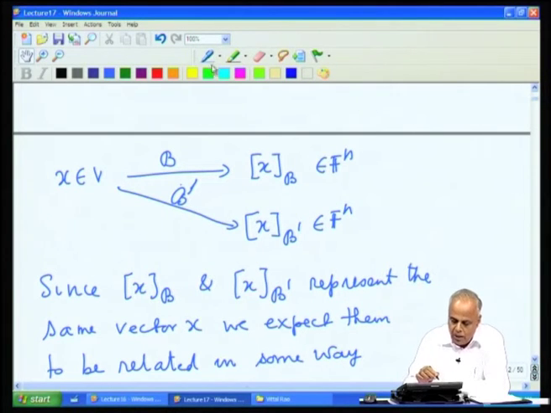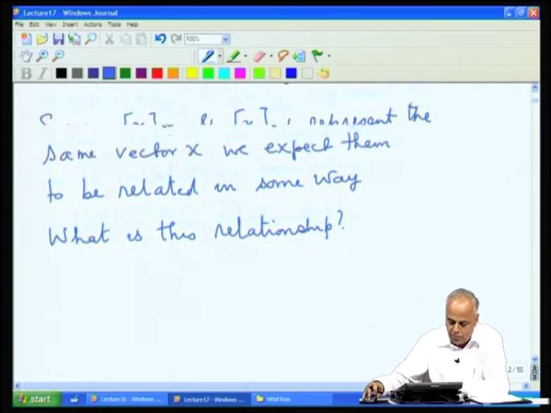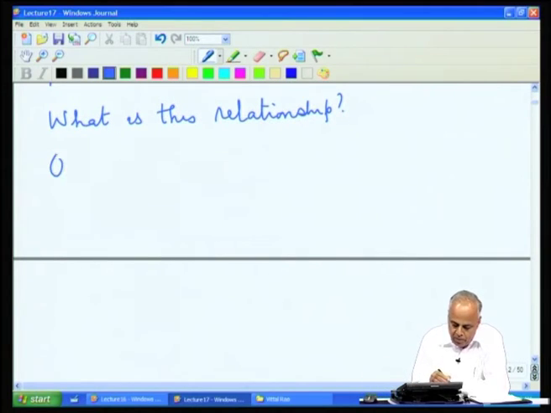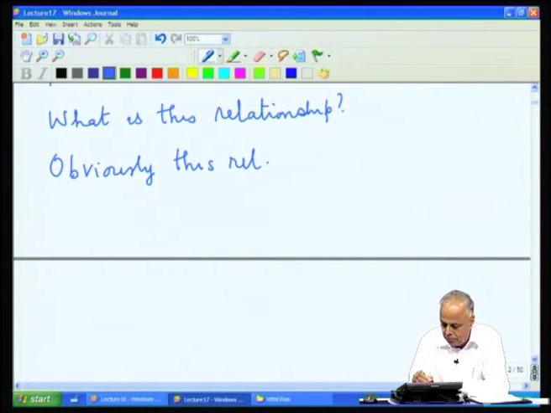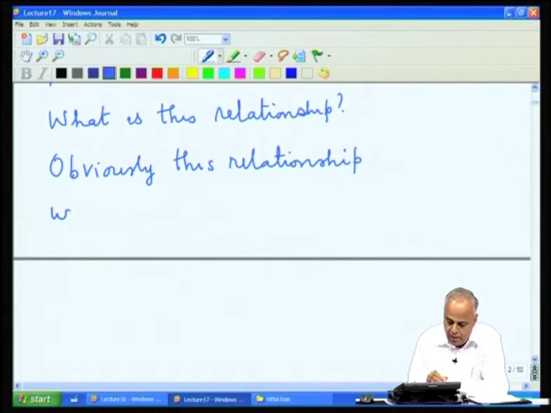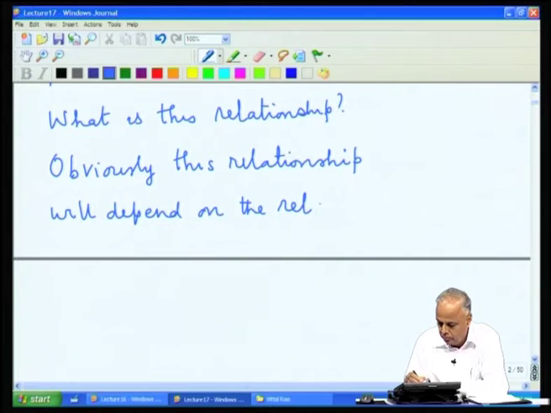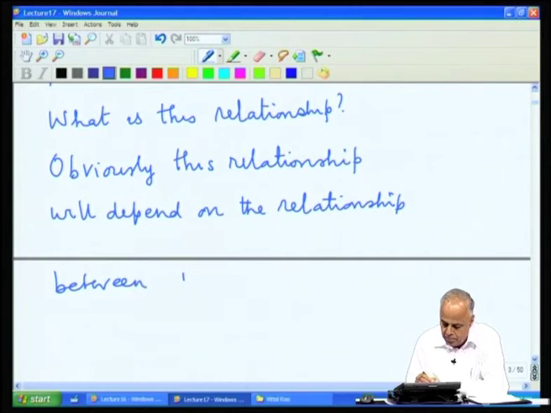Obviously, this relationship will depend on the relationship between the two ordered bases B and B prime.